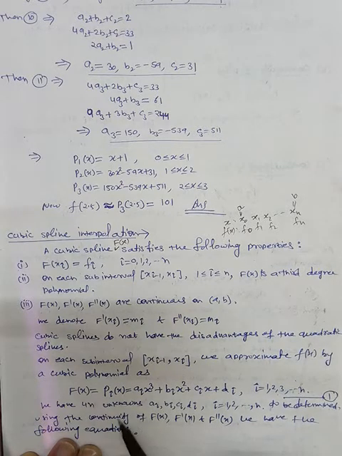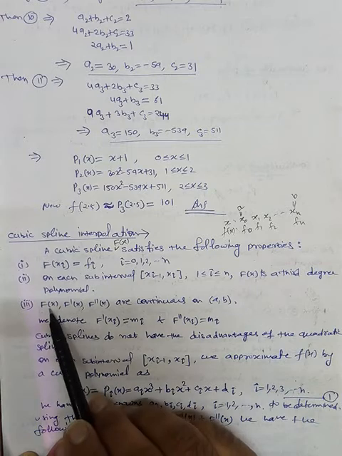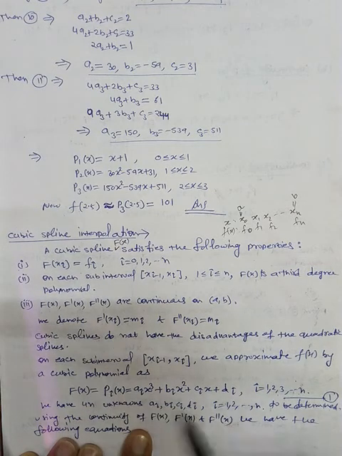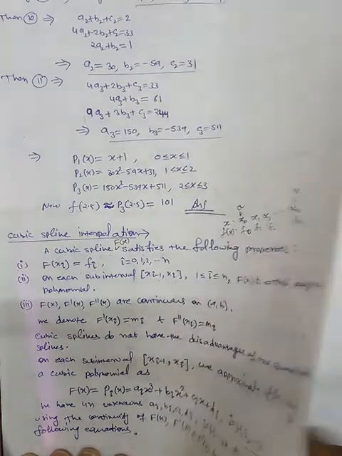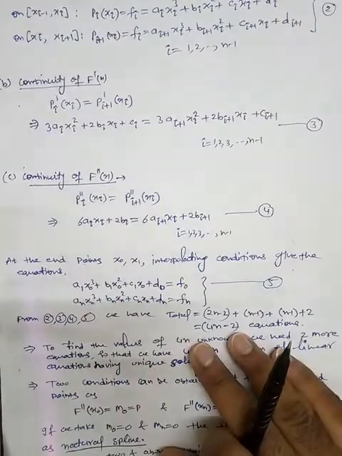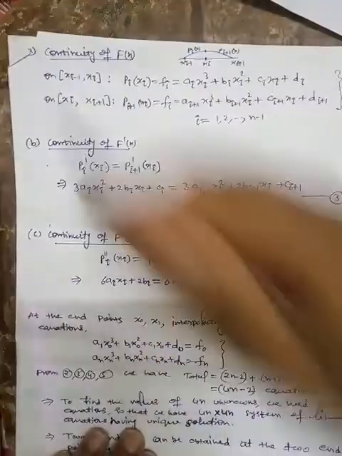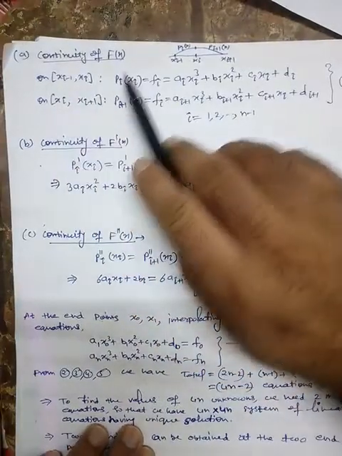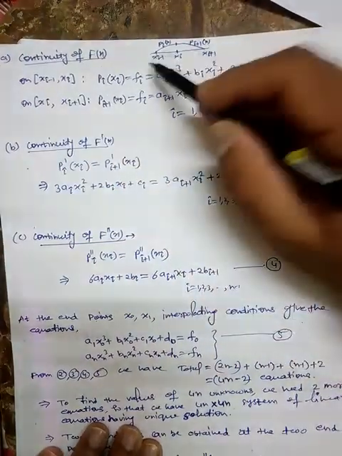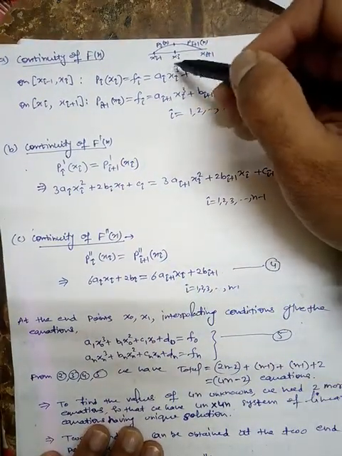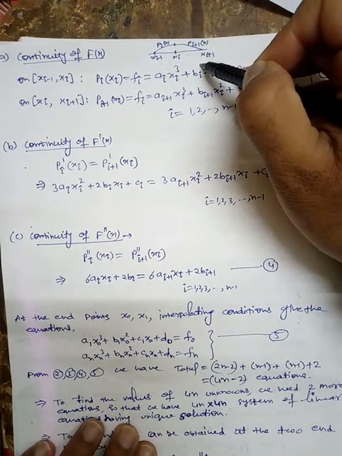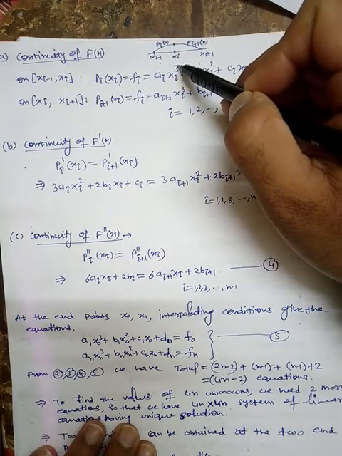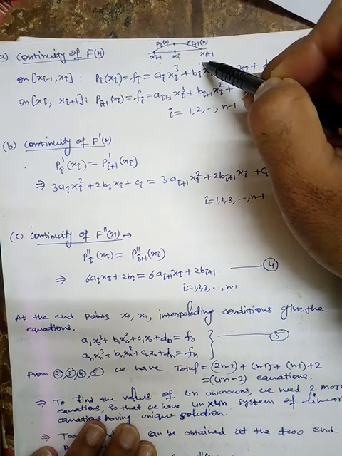So using the continuity of f of x, f dash x and f double dash x, we have the following equations. First condition is continuity of f of x. Here we have drawn two consecutive intervals, xi minus 1 to xi and xi to xi plus 1.